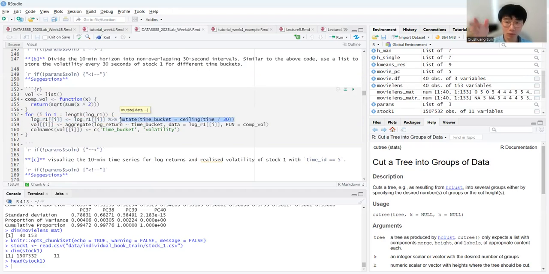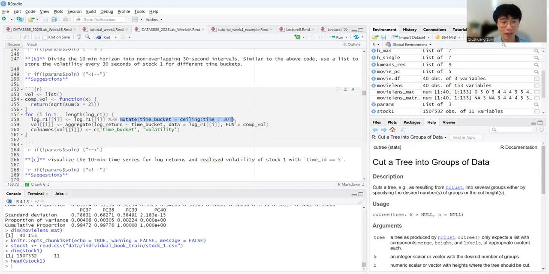So I add a column to say which 30-second interval the current time falls into. Say if it is the first 30-second interval, then the corresponding index is 1. If it's in the second 30-second interval, the corresponding index is 2. So this column will go from 1 to 20, indicating which interval corresponds to the original seconds, just meaning this one.